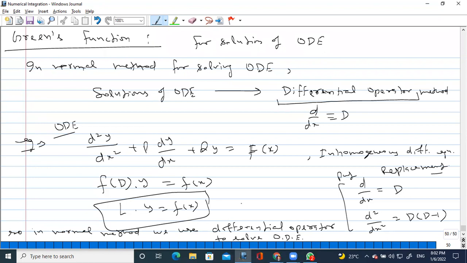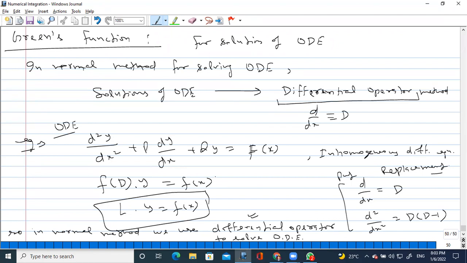Okay, but what is different here? In Green function, it is the integral operator. In place of the differential operator, Green function is our integral operator. By integrating this operator with this f(x), we can get the answer. Okay, so this is a little bit of a special thing here.